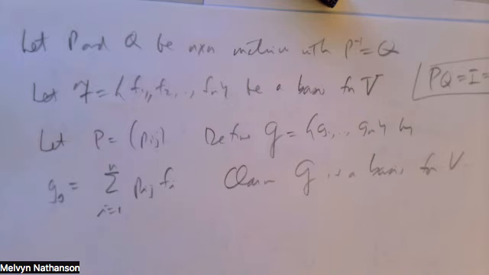Q applied to the vector F1 with respect to F gives me some coordinate vector V with respect to G. So if I take P of this, PQ F1 F is P VG. This is just F1.